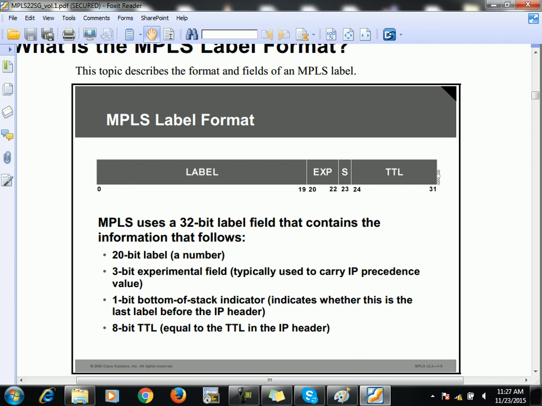And the last 8 bits would be used for TTL, and it is just used to prevent indefinite loops. Same as the IP header.